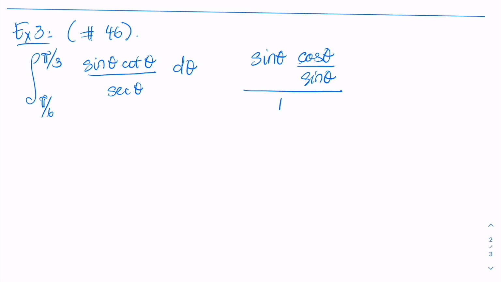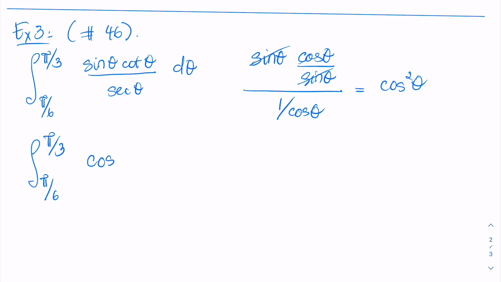Secant is going to be 1 over cosine theta. So you can see that we cancel out, and then we have cosine over 1 over cosine. So this one turned into cosine squared theta. If I go back and rewrite, we want to integrate cosine squared theta.